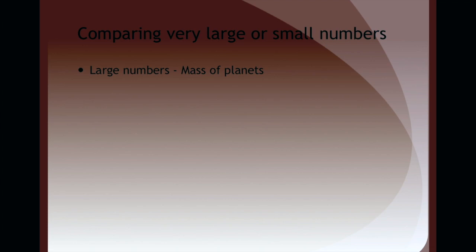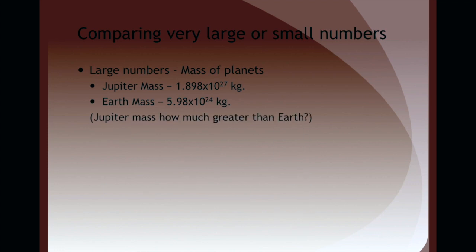Large numbers, for example, mass of planets. Jupiter's mass is 1.898 into 10 raised to power 27 kilograms and Earth mass is 5.98 into 10 raised to power 24 kilograms. So suppose the question is how much greater Jupiter's mass is than Earth's. How do you solve this problem?